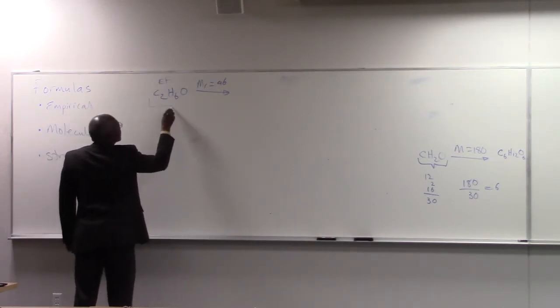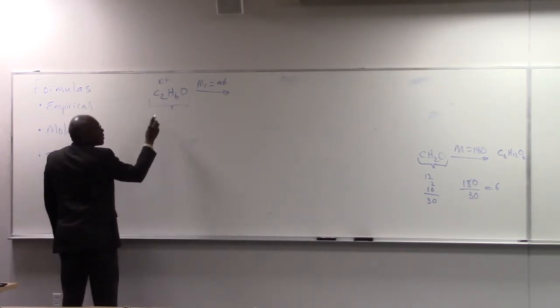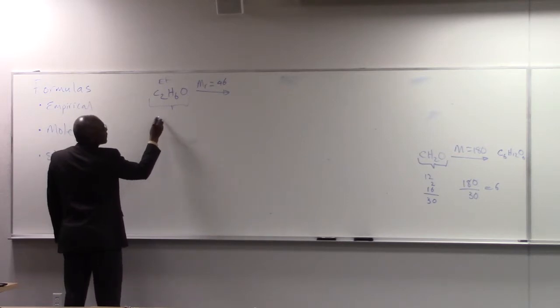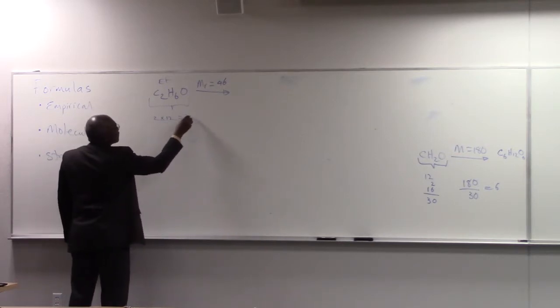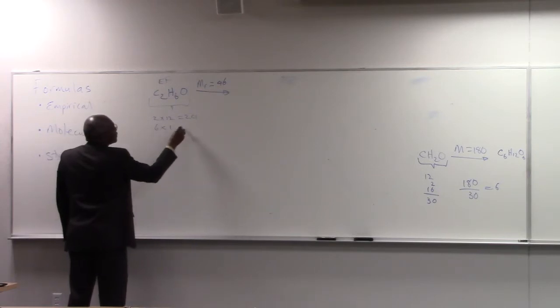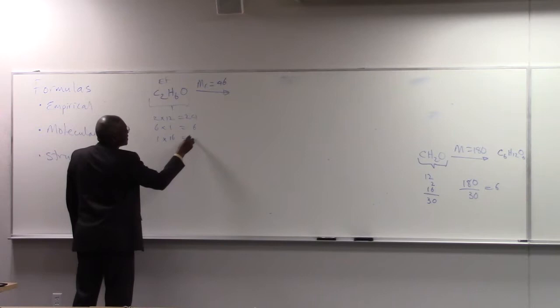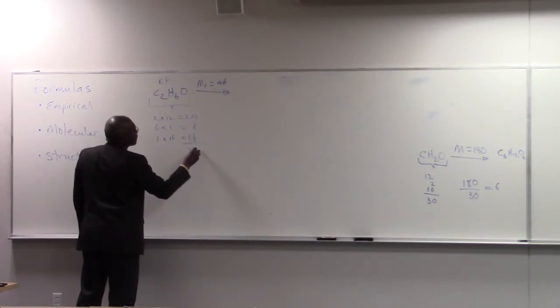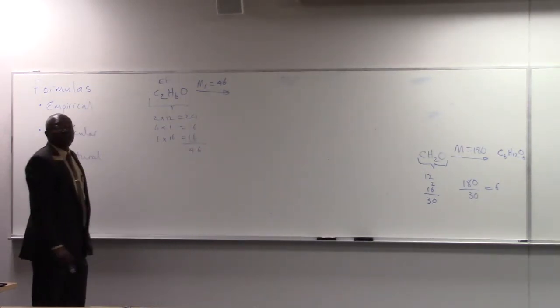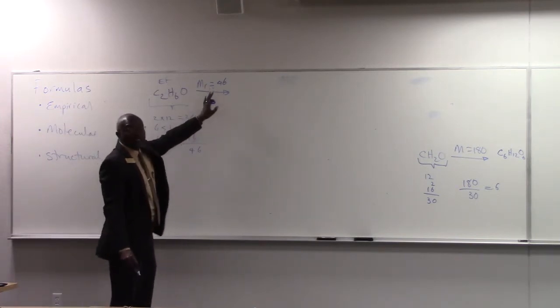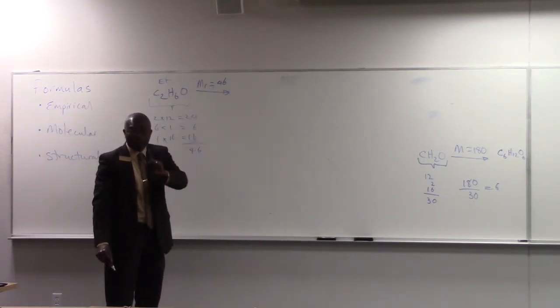What is the formula unit? Well, carbon is 12, 2 times 12 is 24. Right? So 2 times 12 equals 24. 6 times 1 equals 6. 1 times 16 for the oxygen is equal to 16. I add those, that is 46. If the molar mass is 46, how many 46s are in 46? 1.